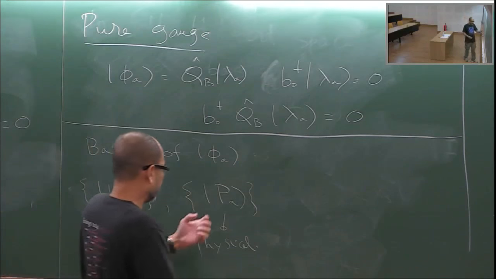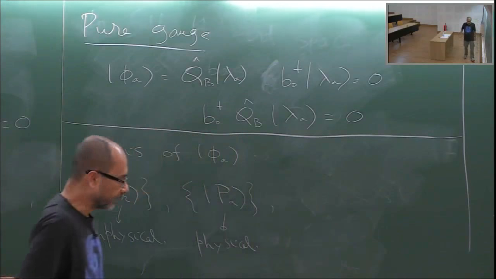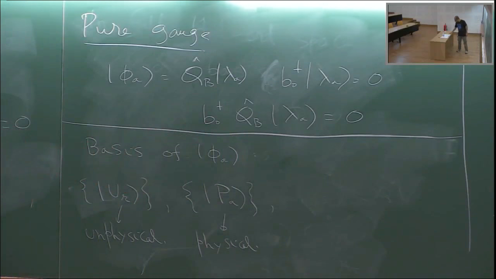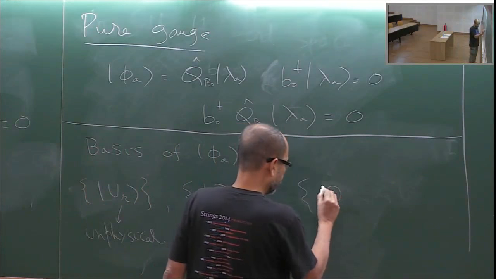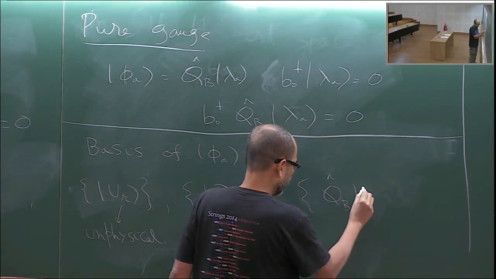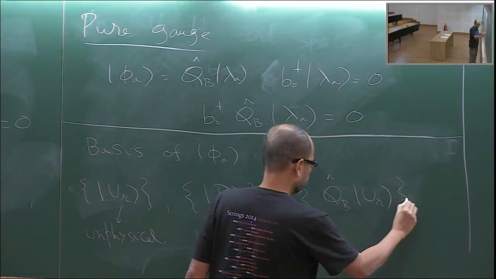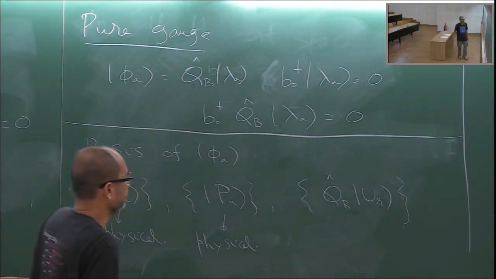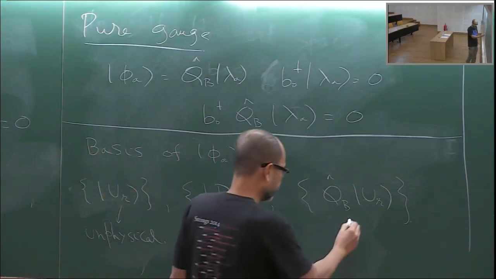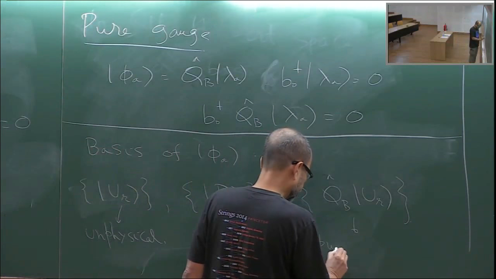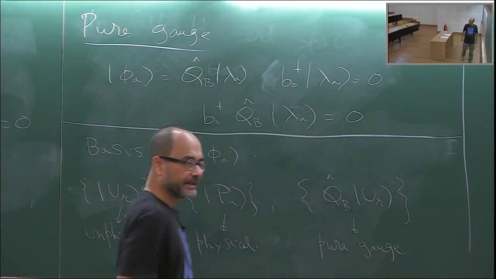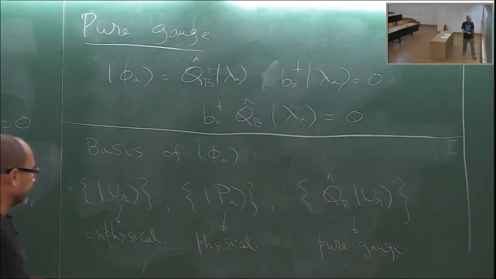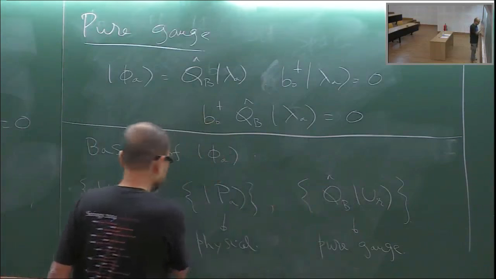Now the unphysical states, the pure gauge states. For pure gauge states, we don't have to introduce another index. We'll take the pure gauge states of the form QB hat U R. These are pure gauge. In fact, this is the only subtle point here: all pure gauge states can be written already in the basis of unphysical states.